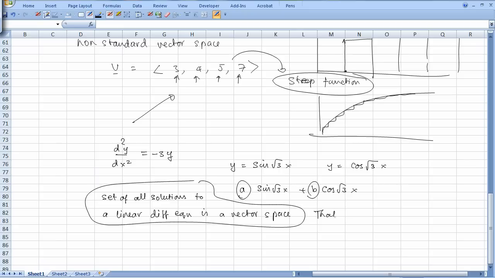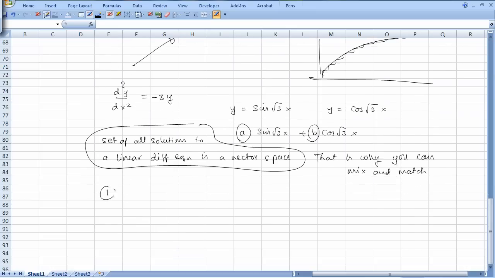That is why you can mix and match. Okay, so that's an example of a vector space, right? So you got the idea, right?